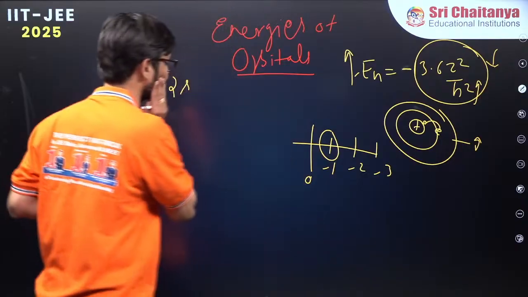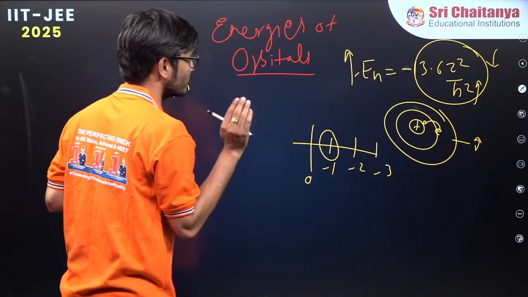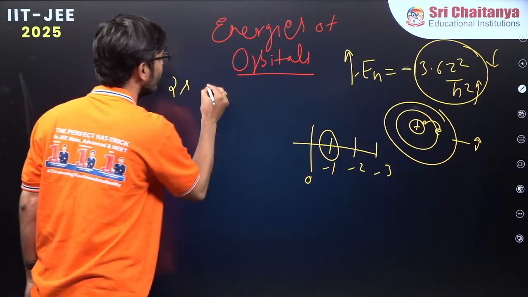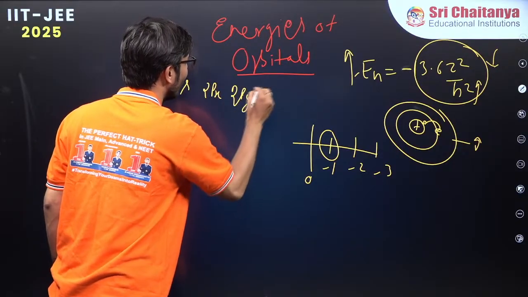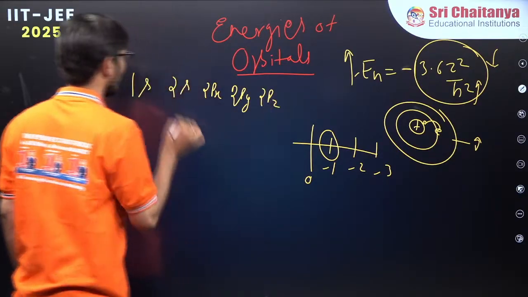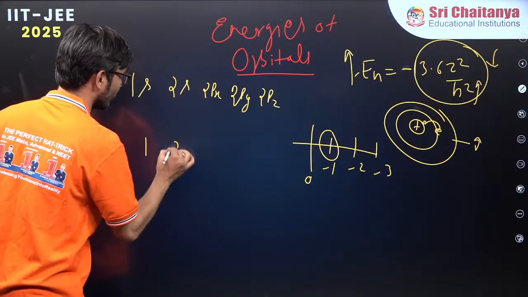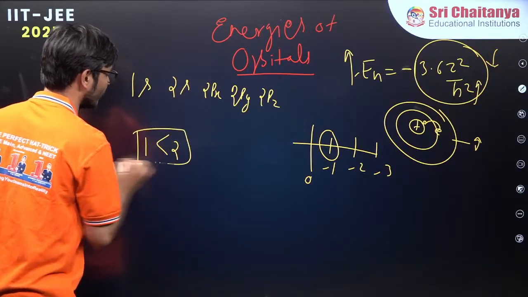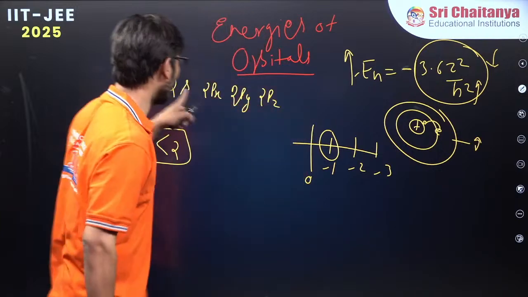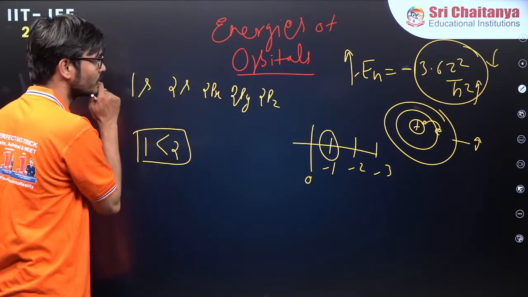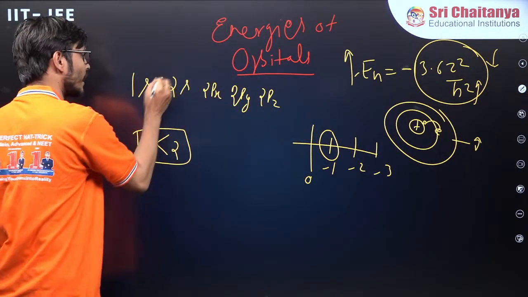Let us come to the configuration now. So, energies of orbitals. In the second orbit, what do we have? 2s, 2px, 2py, and 2pz. The second orbit's energy is more than the first. Between 1s and 2s, 2s will be more.